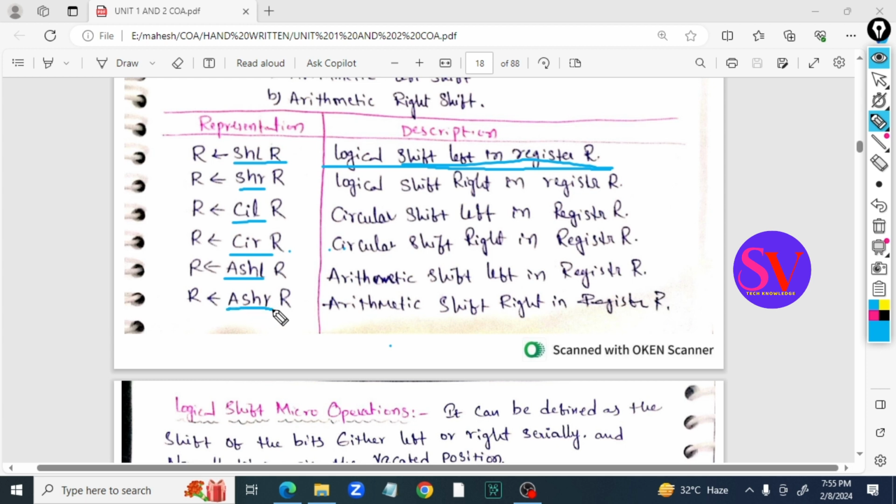ASHR means arithmetic shift right. Here capital R represents the register. Register bits will be shifted right, register bits will be shifted left, and here register bits will be arithmetic shifted right. We will discuss everything clearly about these types one by one.